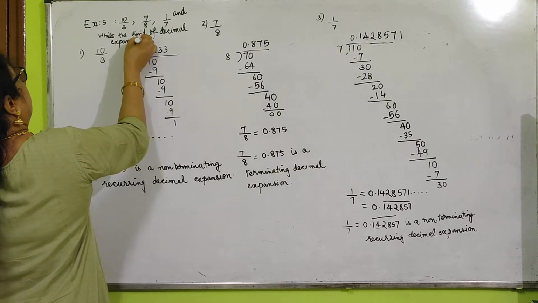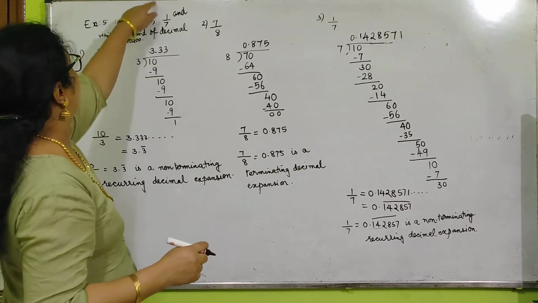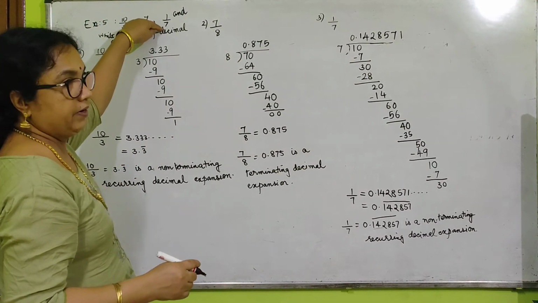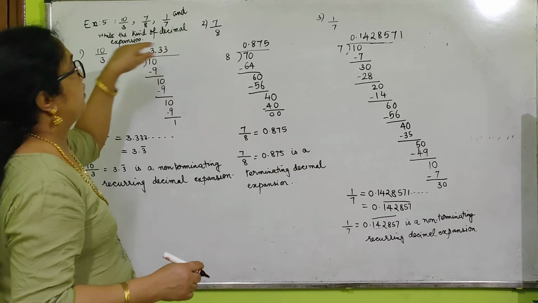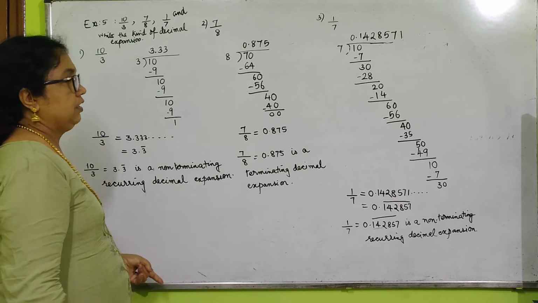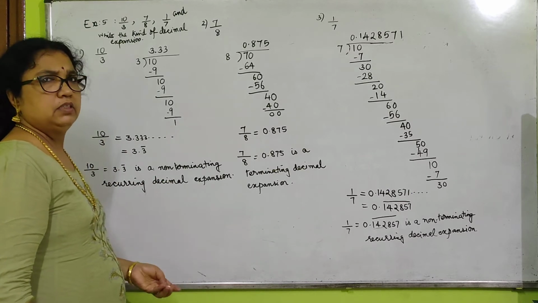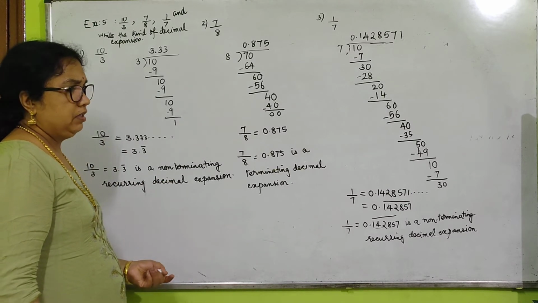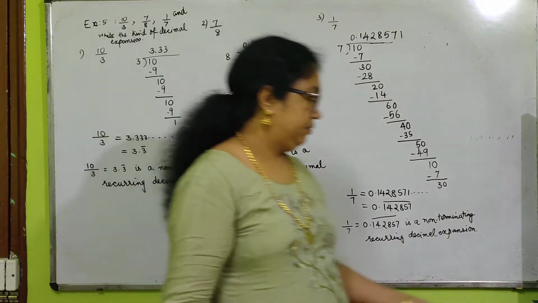So first you try to find the decimal expansion of 10 by 3, 7 by 8, 1 by 7 and write the kind of decimal expansion, like that you have to do. I think you may have followed this. It is general division only, what you have done. Now next.